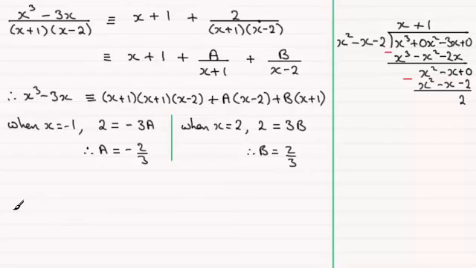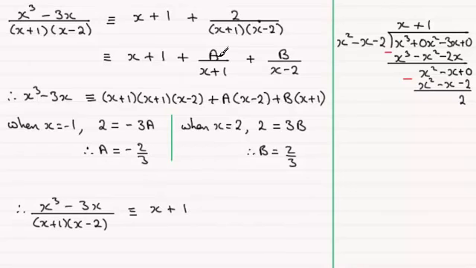And so therefore, what we can do is just summarise. Our fraction, x cubed minus 3x, all divided by x plus 1 times x minus 2, is going to be identical to x plus 1. Then we've got a over x plus 1. A is a negative value, so we're going to have minus 2 over 3 times x plus 1.